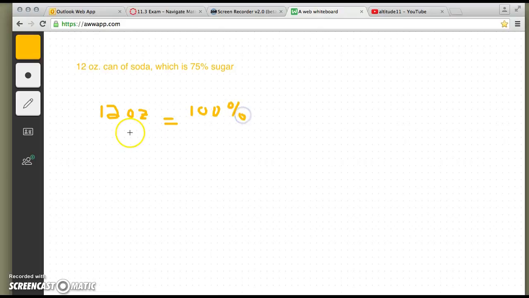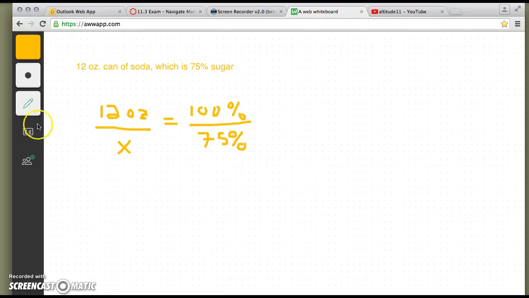All right. So if 12 ounces is 100% of the contents, then how many ounces are 75% of the contents? Because we know that 75% of the contents are sugar. So that'll tell us how many ounces are pure sugar.